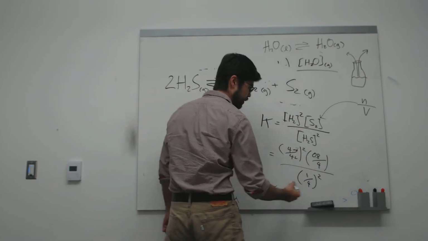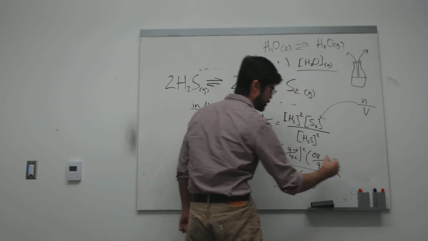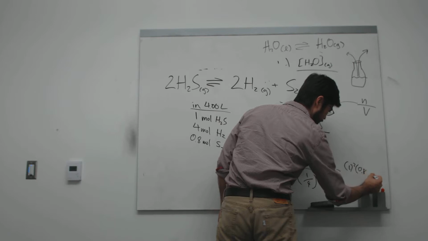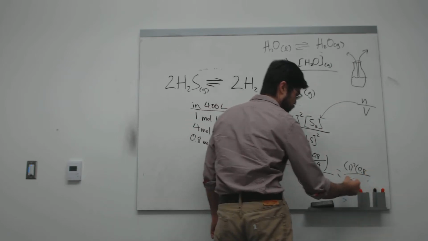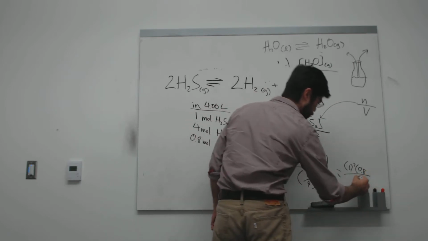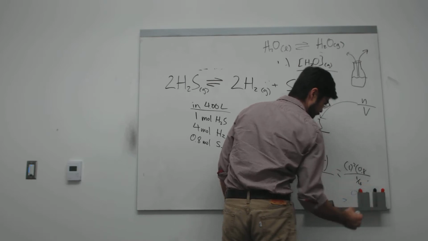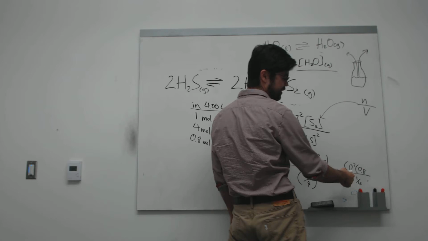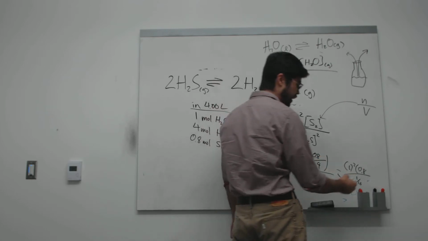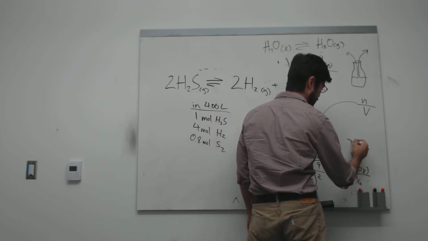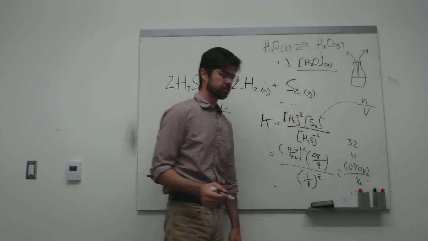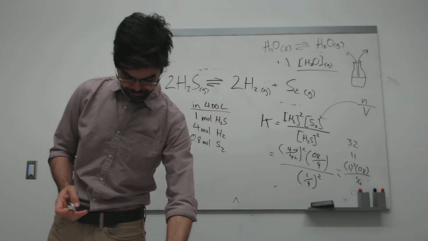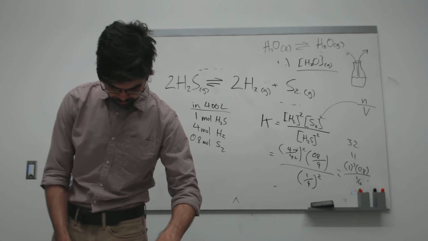So let me see here. 4 over 4 is 1, so I have 1 squared times 0.8 over 1/4, and 1/4 squared is 1/16. So I have 1 over 1/16. You can just plug this all into a calculator, and at that point, what you'll get is 3.2. So the equilibrium constant there has the value 3.2.